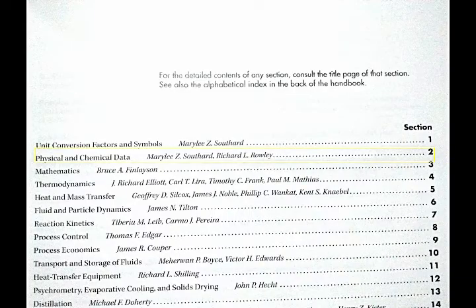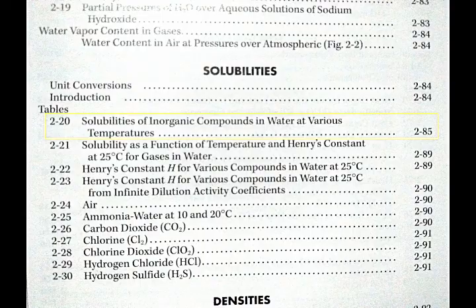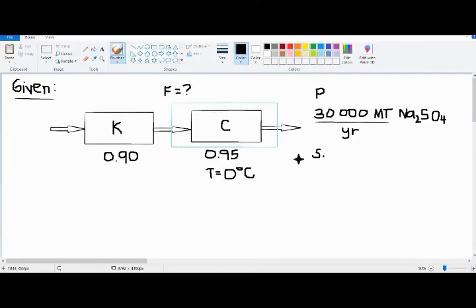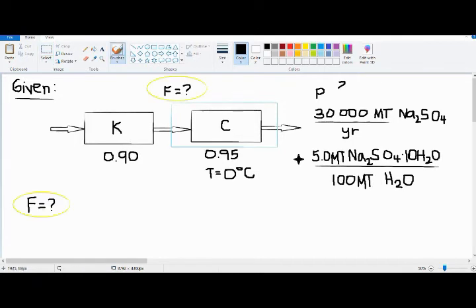Since solubility is not given, we find it from other sources such as Perry's, and so we can see that at 0 degrees Celsius, the solubility of Glauber salt is 5 grams per 100 grams water, which is just equal to 5 metric tons per 100 metric tons water.